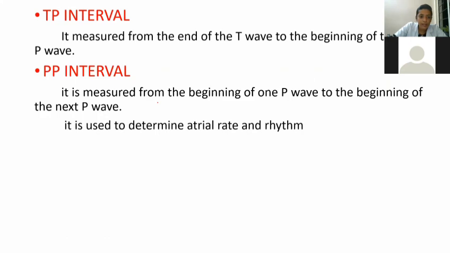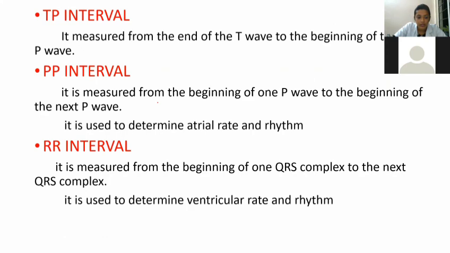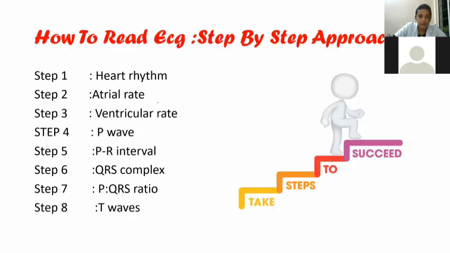Then the PP interval is measured from the beginning of one P wave to the beginning of the next P wave. It is used to determine atrial rate and rhythm. Next, the RR interval is measured from the beginning of the QRS complex to the next QRS complex. It is used to determine ventricular rate and rhythm. So these are the other intervals in ECG.